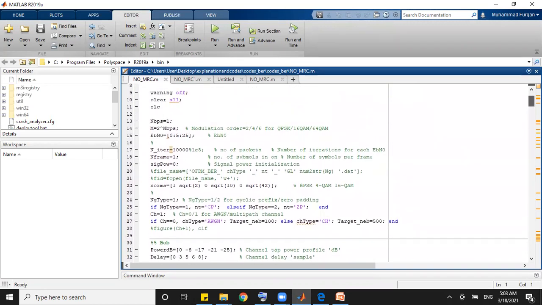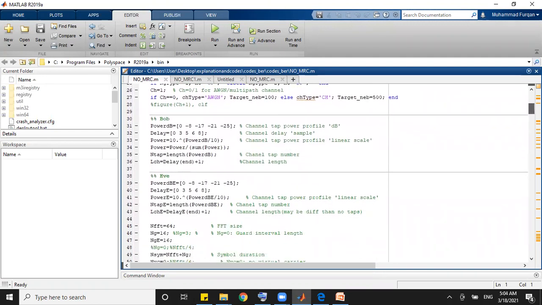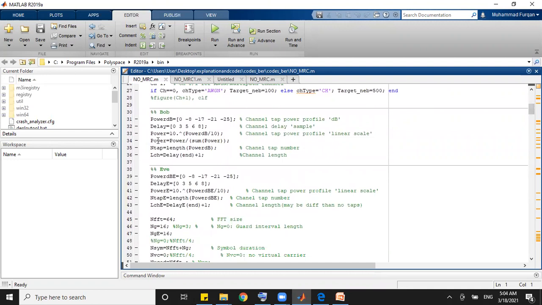This is a general format of code that you will see in an OFDM communication system, where we have assigned power to user 1, user 2, and Eve.